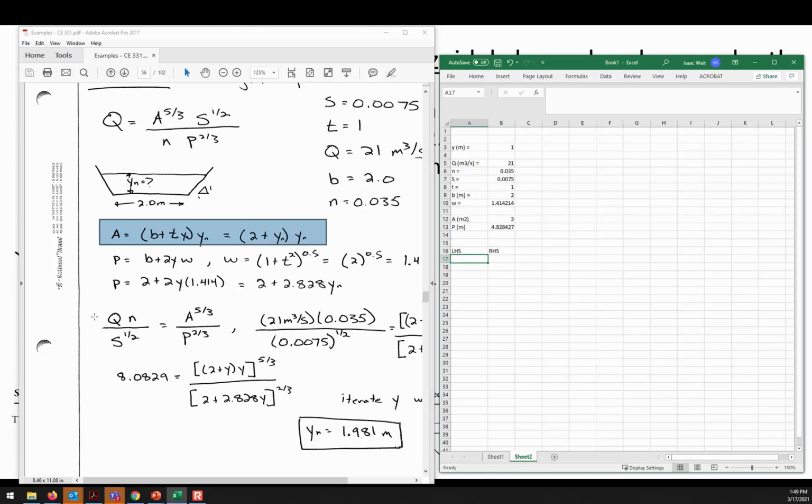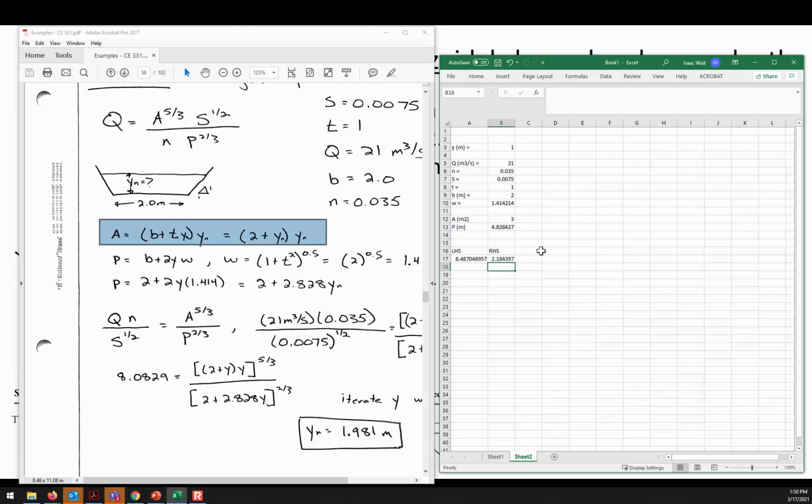So the left-hand side is Q times n divided by the slope to the power of 0.5. And our right-hand side is going to be the area to the power of 5/3 divided by the wetted perimeter to the power of 2/3.